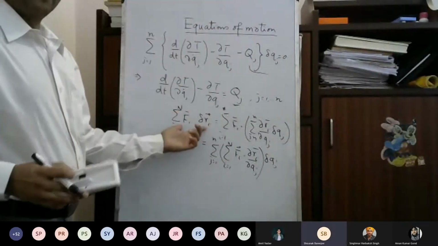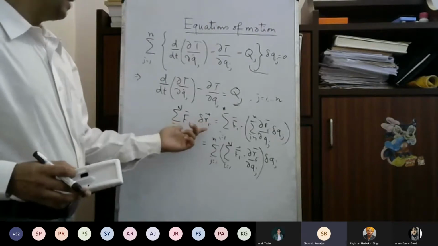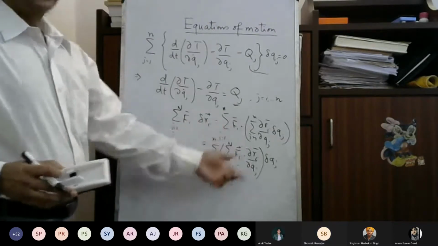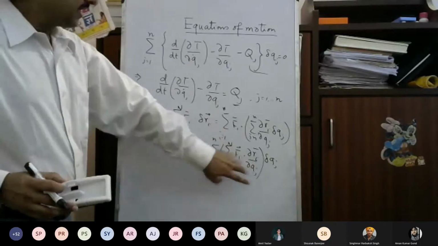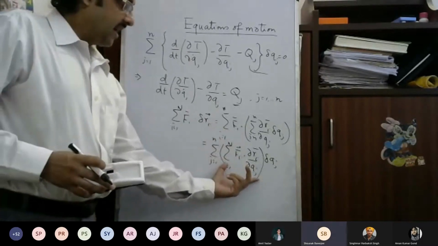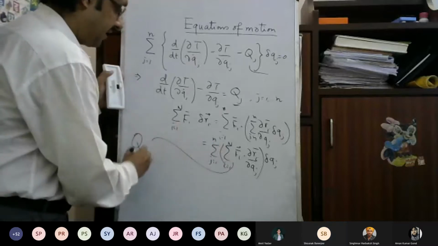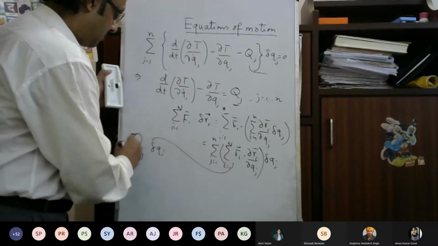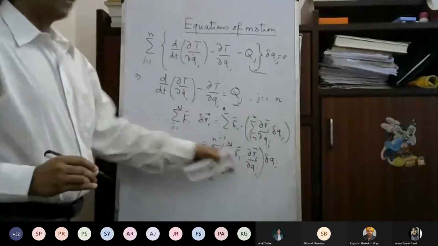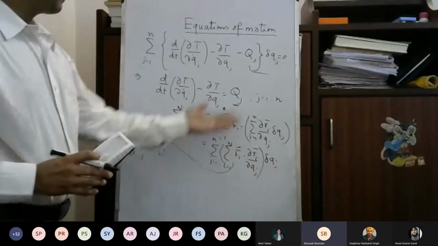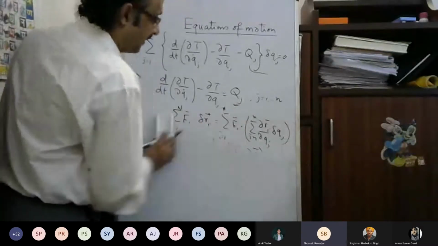If you look back at the virtual work principle, there delta Ri was there, and from that equation I got this expression. This summation I named Qj, multiplying delta Qj, j equal to 1 to n. This is the naming of this expression.